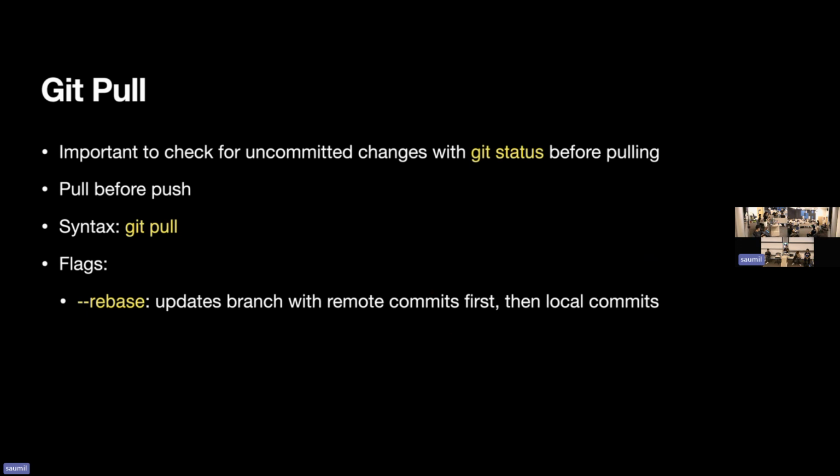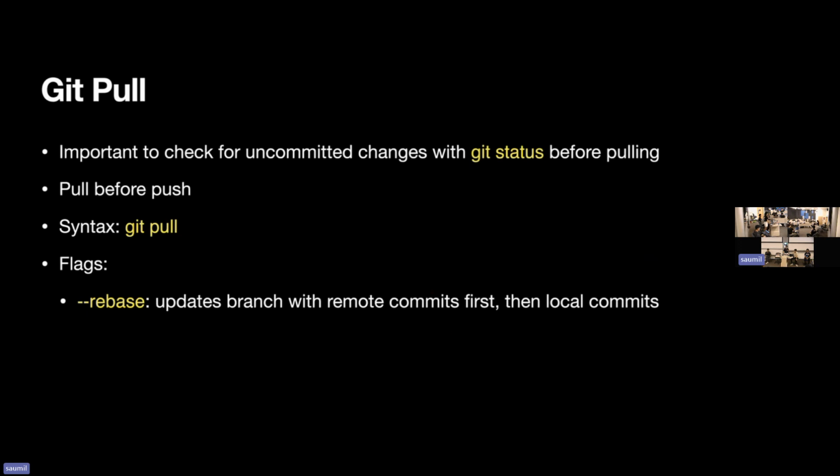Every git pull leaves an imprint on your git log, and you want to keep your git log very readable. So when you're doing many pulls, rebase skips that, keeping it from appearing in your git log.